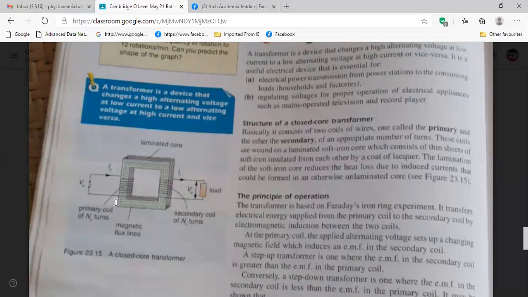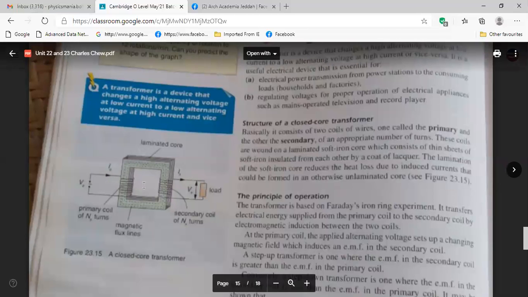So this change in magnetic field is working like moving the magnet away or towards the coil. So in this secondary coil we are getting induced EMF. This way we are transforming the voltage from one coil to another coil.